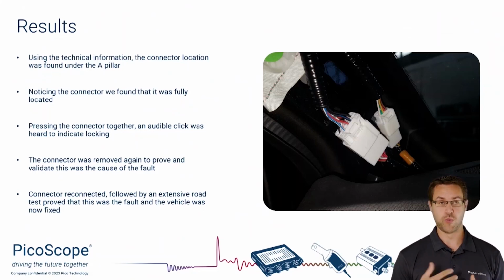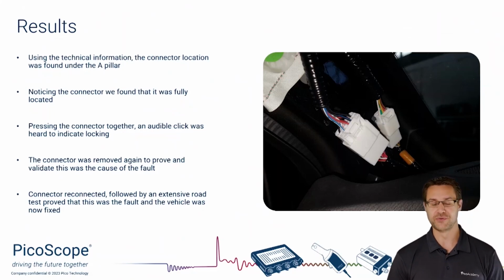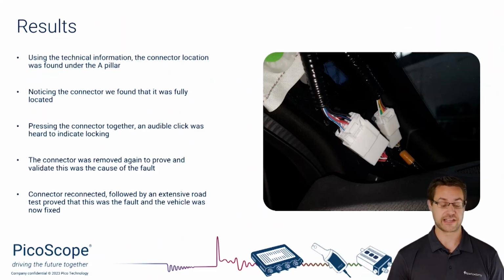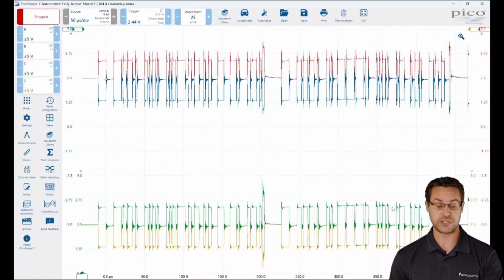Given that this was an intermittent fault, the vehicle was left with the workshop for a number of days. A few more miles were put onto the vehicle as the customer allowed, before the vehicle was handed back, and everything was fine.